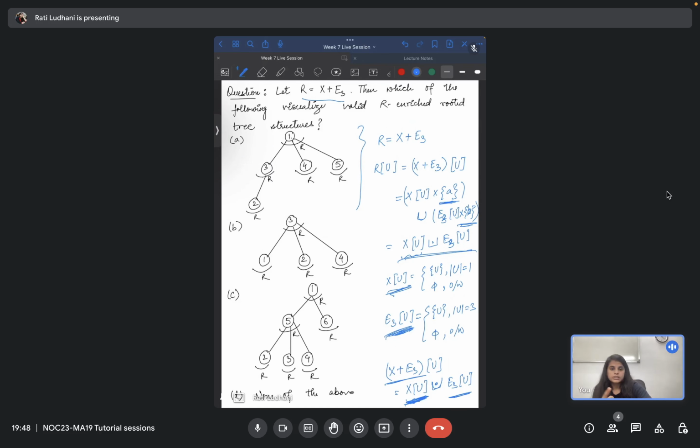This R means there is a structure on the set of children of every element, right? So for example, when you consider 3, the set of children is just 1, that is this 2, right? So there is one child.